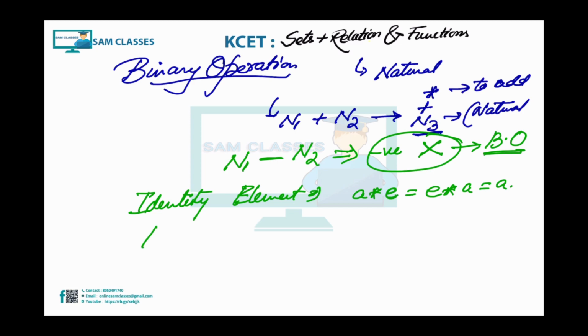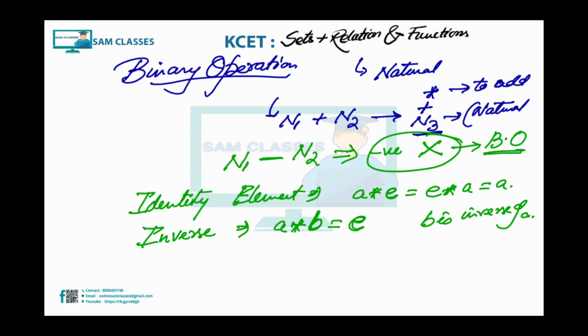So that is identity. Now what about inverse? Since e is acting as the identity like 1, if a star b generates e, then we can say that b is the inverse of a.